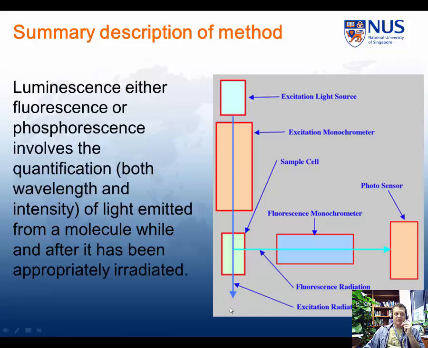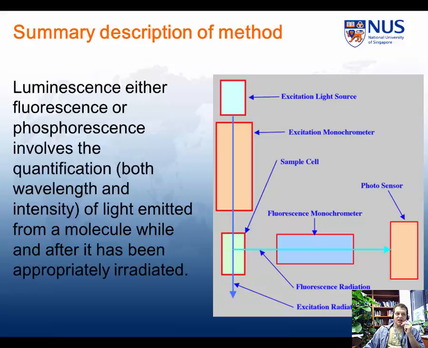That beam of light then goes through the sample cell, and if there were nothing else on this slide, pretty much that would be a UV visible spectrophotometer that you've already used many times.